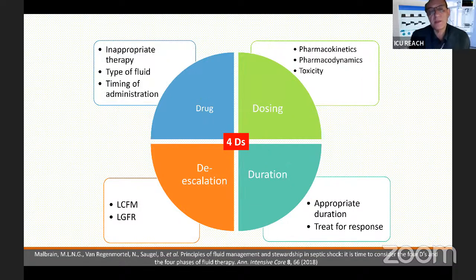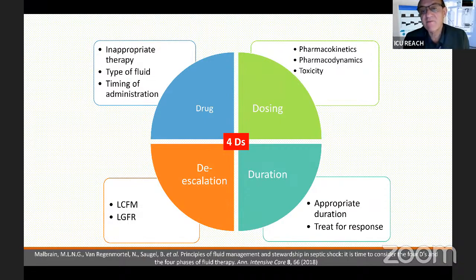In terms of the 4Ds, the way we look at fluids, like it is a drug. Fluids are drugs that have appropriate and inappropriate indications. We look at the type of fluid. In the one before the last webinar, we discussed whether we should give our patients normal saline versus LR. And it has to be given at the right time.